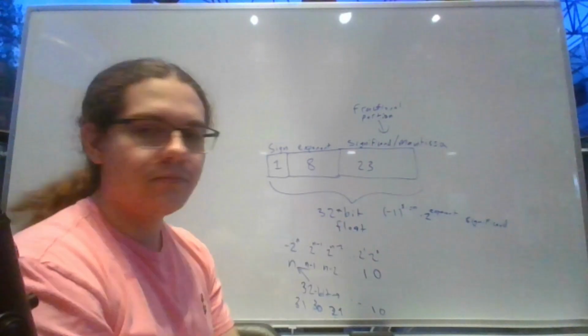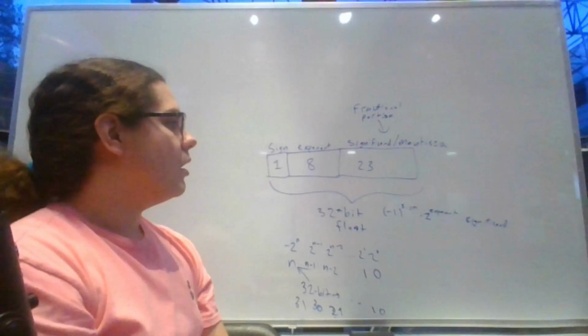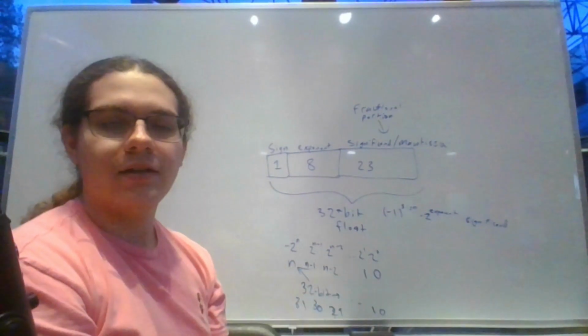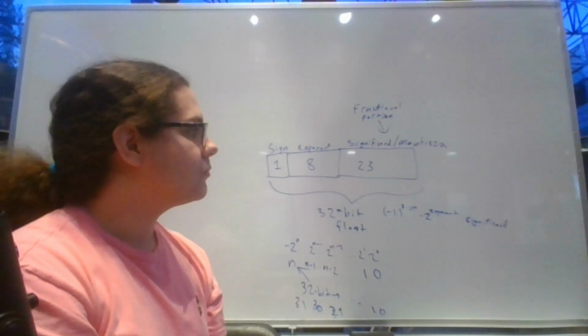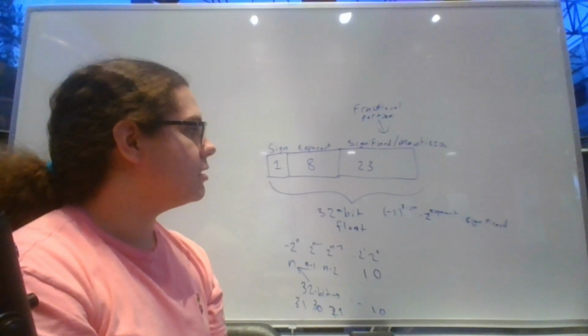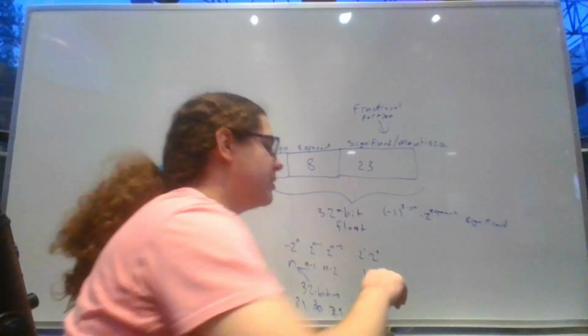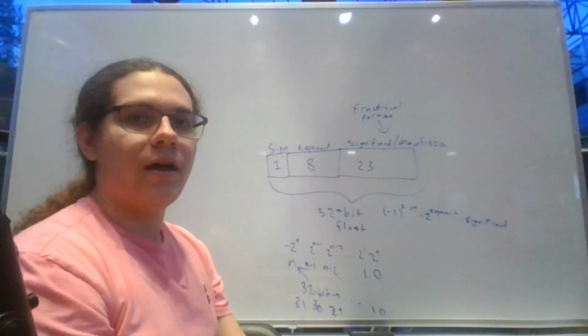My stuff is lagging. That's fine. And then your significand is, if you're writing it in scientific form, the fractional part that's left over. There's a few extra details. Specifically, this significand isn't actually correct.